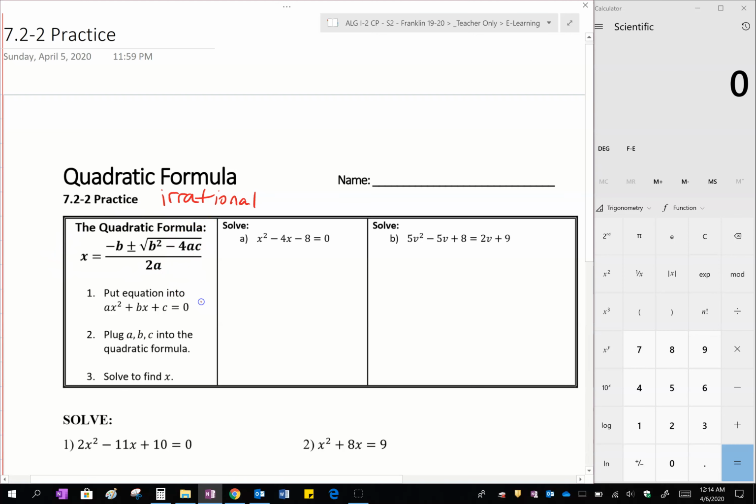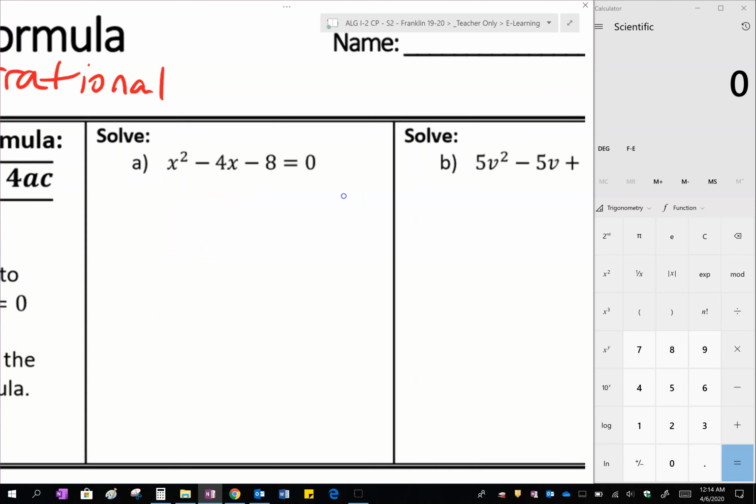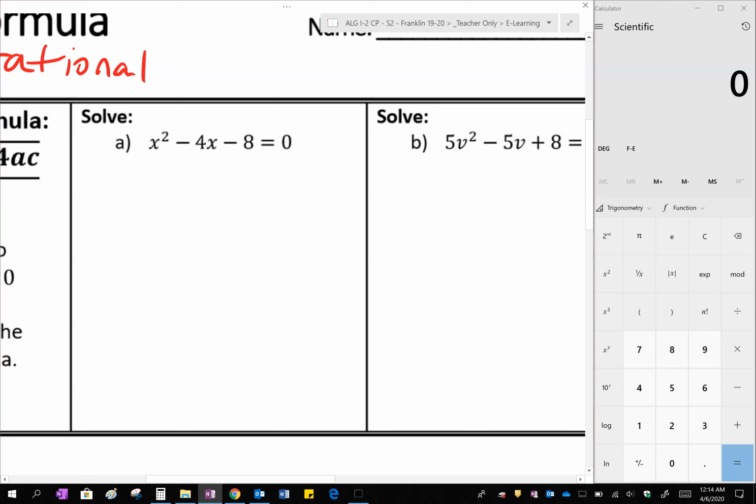Quadratic formula. And we first need to make sure our equation is in ax squared plus bx plus c form, standard form, and then just put a, b, and c into the formula. So for this first example, we've got x equals, the opposite of b, which is 4, plus and minus the square root of b squared minus 4ac.